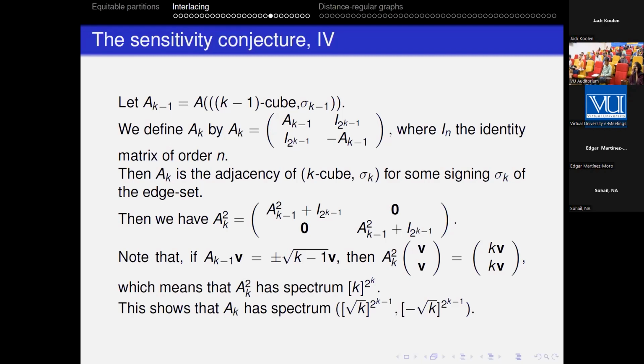This means that A_k squared has spectrum k, 2^k times. But that means that A_k has spectrum square root of k with multiplicity 2^(k-1) and minus square root of k with multiplicity 2^(k-1). The reason is that the sum of the eigenvalues must be 0. So we get this signed k-cube.